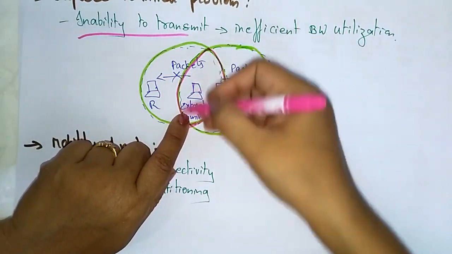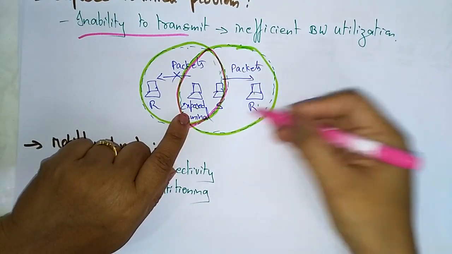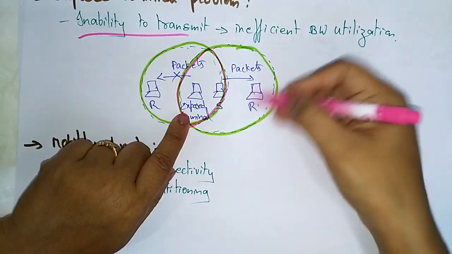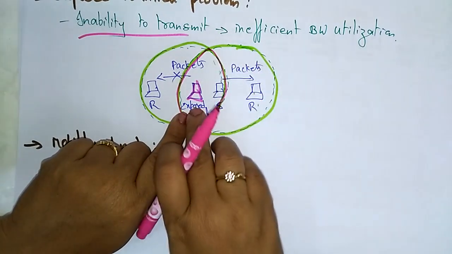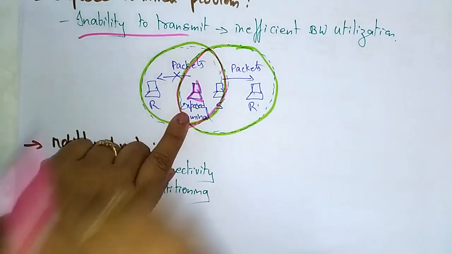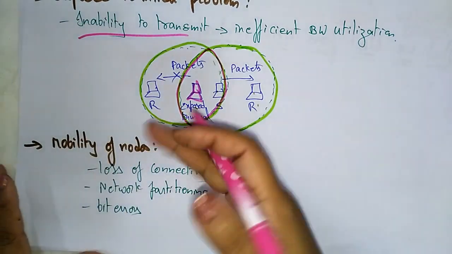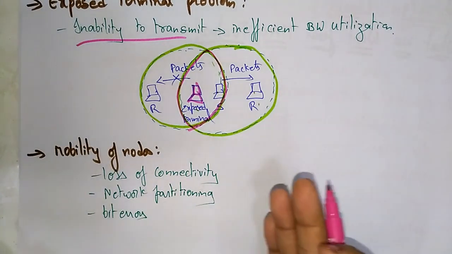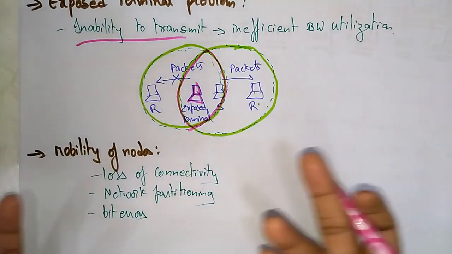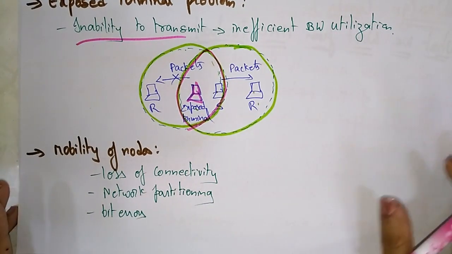The exposed terminal has to wait until the sender finishes, and even then it doesn't know whether the receiver received it or not. That's why it is unable to transmit. There may be packet loss also. Suppose it can't wait and simply sends the packet. The packet may collide or be lost.